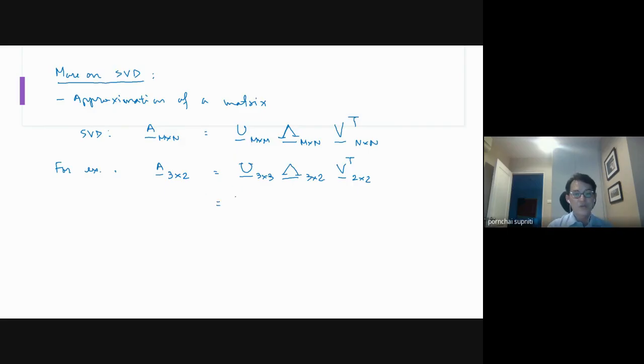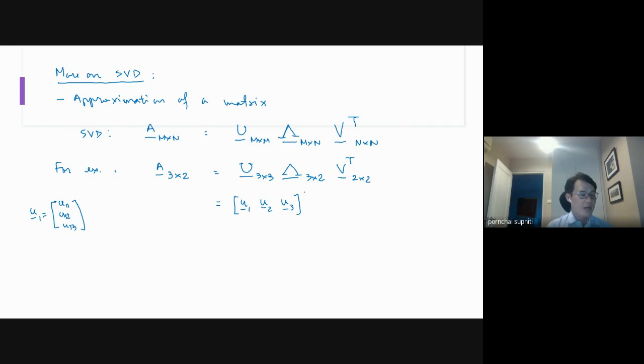So with U, it consists of 3 columns, so I'm going to write it out as 3 column vectors. We can write it like this because generally we define vectors as column vectors. So this U1 has 3 rows, right? So it's U11, U12, U13, for example.